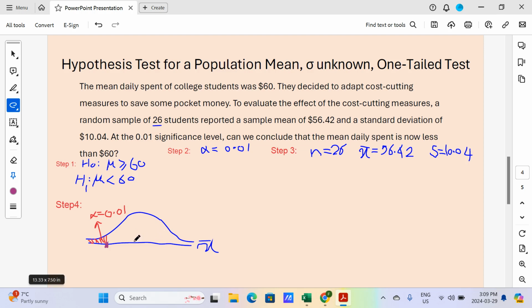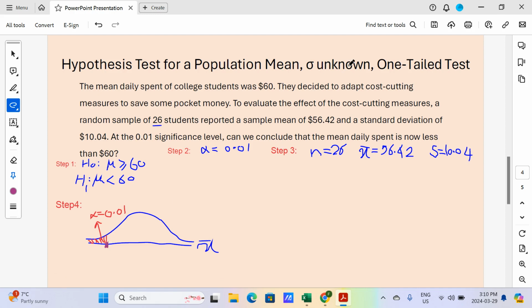If the t-value of x bar falls within the not reject region, we don't reject H0. So let's find this cutoff point. I know the area on the left side of this cutoff point is 0.01. So by using an inverse function in Excel, I can find the cutoff point.